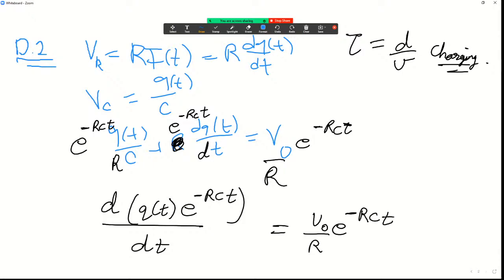And then we can integrate from t equals 0 to tau, where charge is 0 and let's say it becomes Q naught at tau.